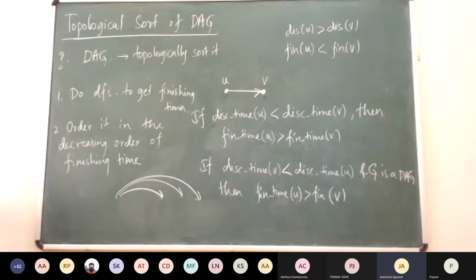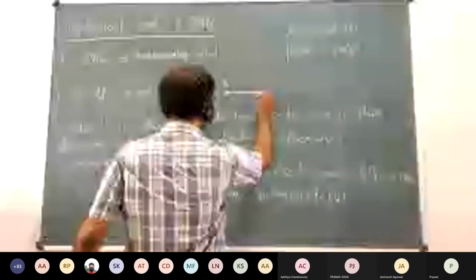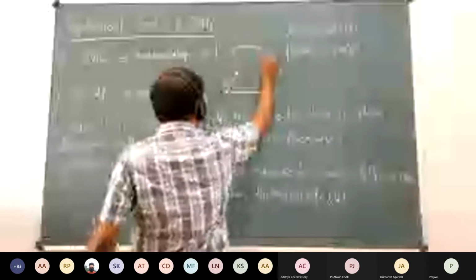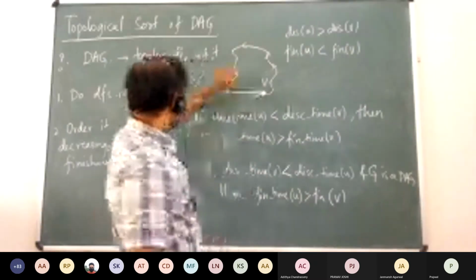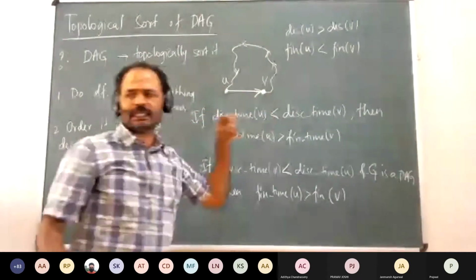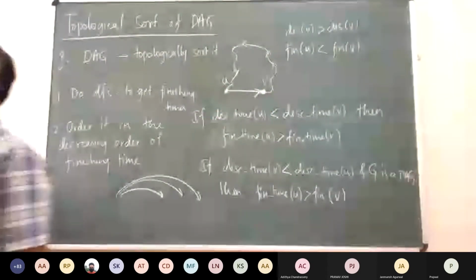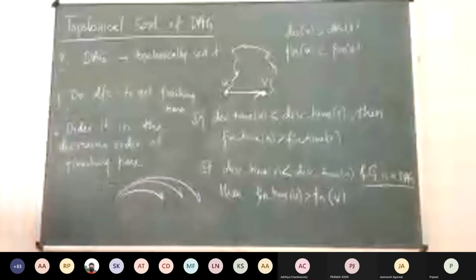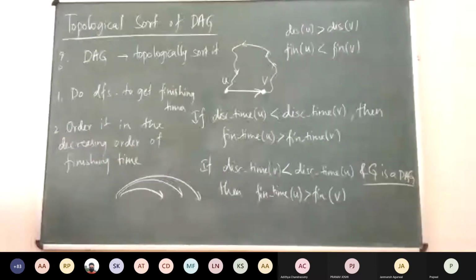In the DFS tree, it would be a descendant. That would mean there is a path from V to U. Then this path from V to U and the edge UV would give us a directed cycle, which is a contradiction, because we have assumed that the graph is a directed acyclic graph.